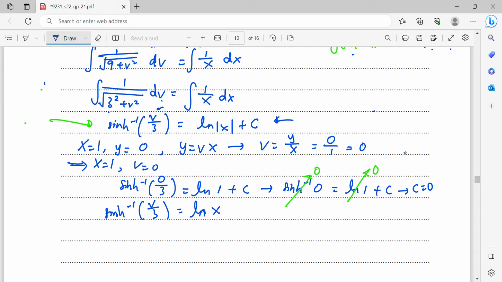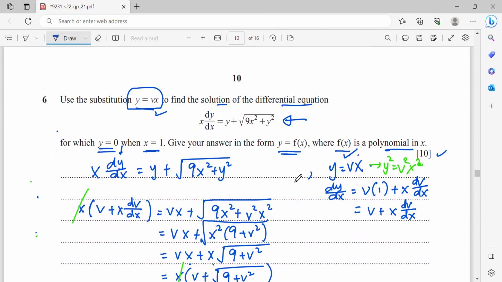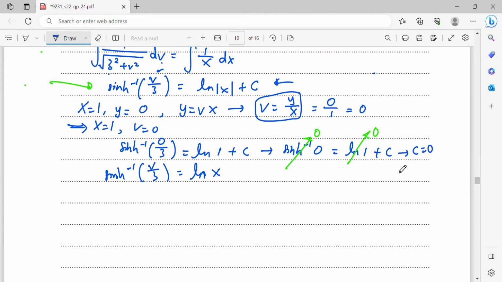If you want, you can change back the v to y over x, but again you will get the inverse sine. So what I will do now, instead of leaving your answer in this form, is according to the question you must get y as the subject, no more sine or inverse sine. So now we need to refer to the inverse sine expression.